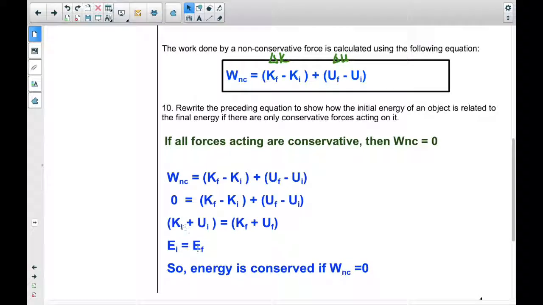This equation and this setup comes to be pretty important. There are a lot of problems that we are going to do in the next couple of days that are going to require us to understand this concept of conservation of energy. And so really make sure you understand how this equation is working, how this is set up, so that when we start to do some problems like this in class, you have a good basis for what we're doing.